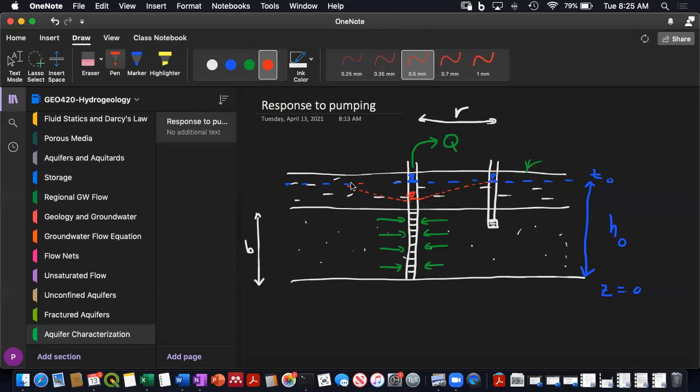That's terrible, but as good as it's going to get today. The lowered water table inside the well will extend some distance away from the well. And this zone here, where we've dropped the water table, is called the cone of depression.